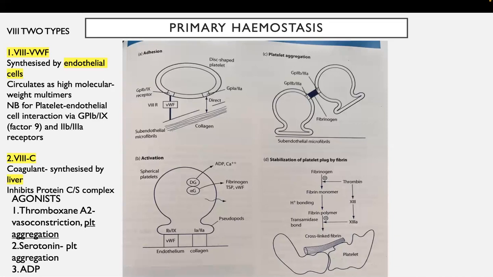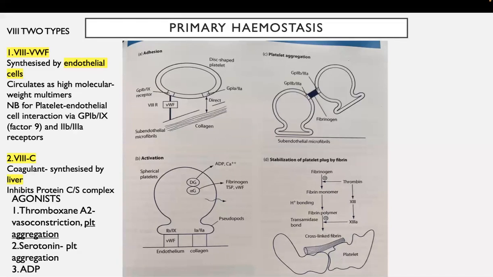When we have trauma, your collagen will be exposed, and your platelets will bind either directly or indirectly to your endothelial cells on that exposed collagen. Directly, they will bind by glycoprotein 1A with activated factor 2. And indirectly, they will bind with von Willebrand's factor.